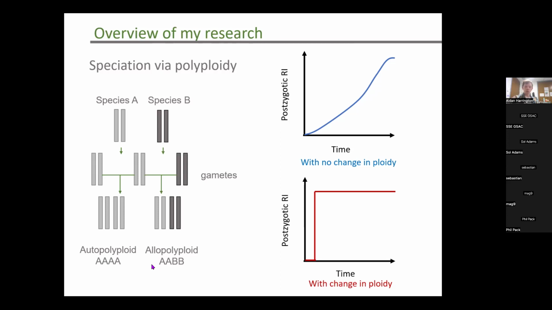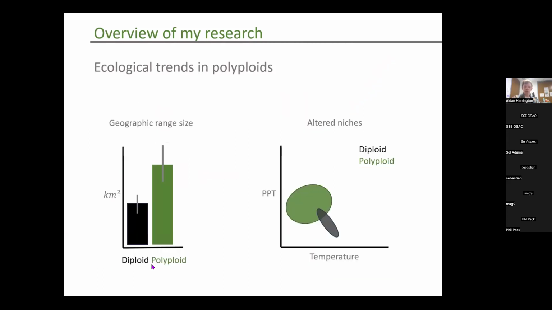So moving beyond speciation, following the origin of a new species via polyploidy, there are common trends that are thought to occur in polyploids.